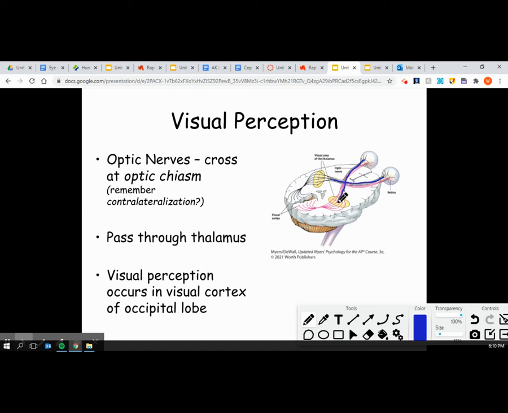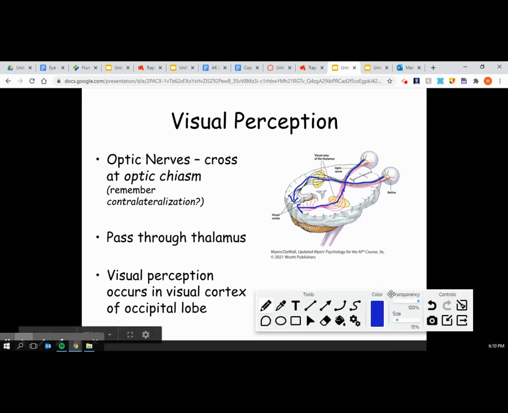They travel through the thalamus, the sensory switchboard, and then from there, they travel back. The neural impulse travels back to the visual cortex of the occipital lobe to be perceived as color, to be perceived as whatever it is we are seeing at this very moment.